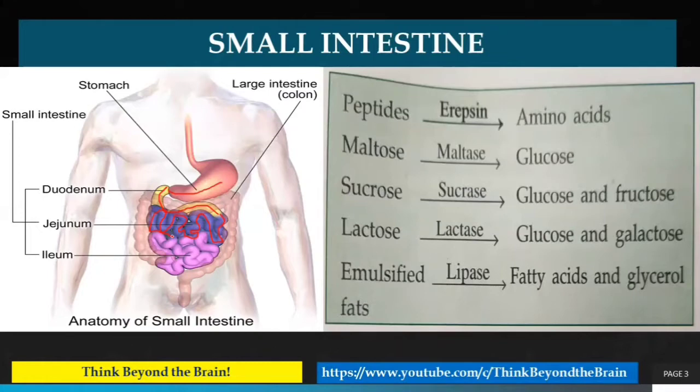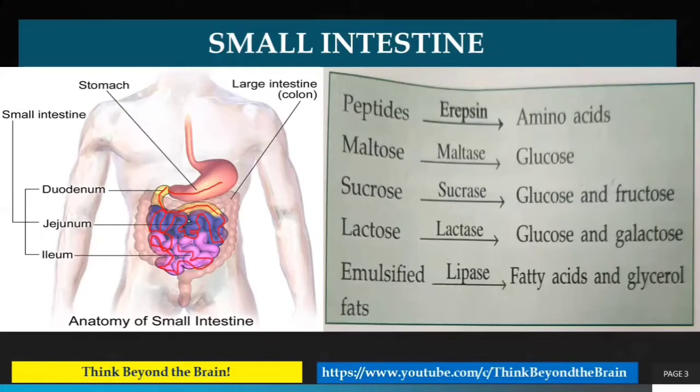Now, the ileum performs a major role over here. The ileum also has some glands in it which provide juice, known as intestinal juice.